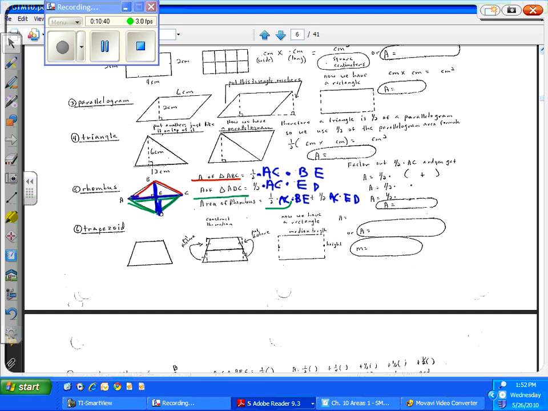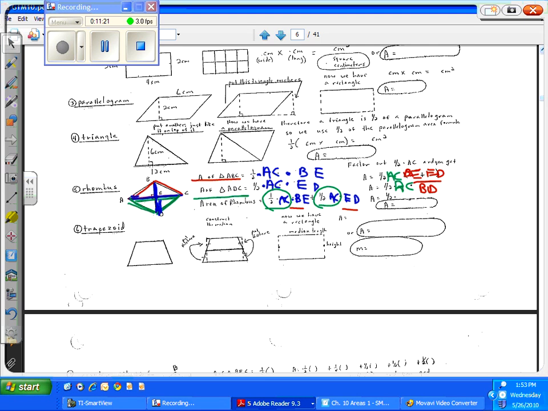If I factor out the common factor 1/2 AC, I would get 1/2 AC times BE plus ED. By segment addition, BE plus ED is BD, and I still have that AC.